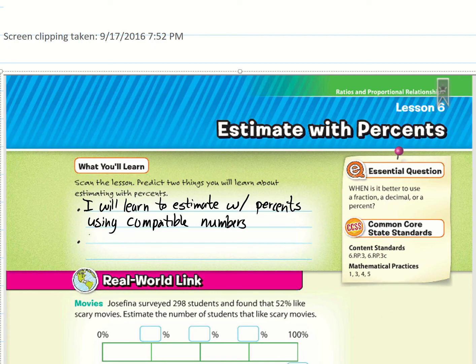And then we'll also learn how to estimate with percents using equivalent ratios.